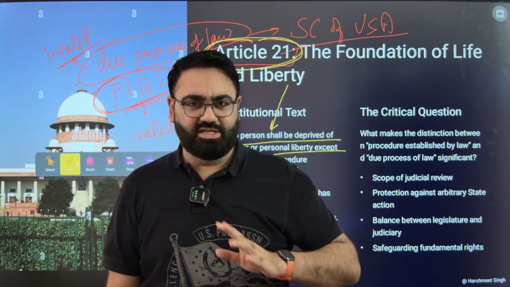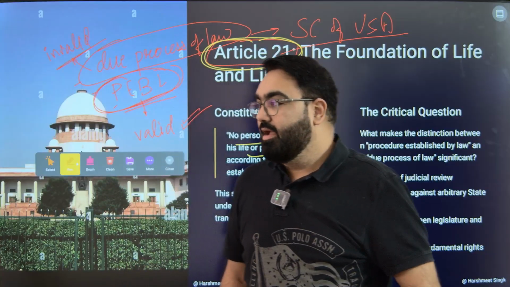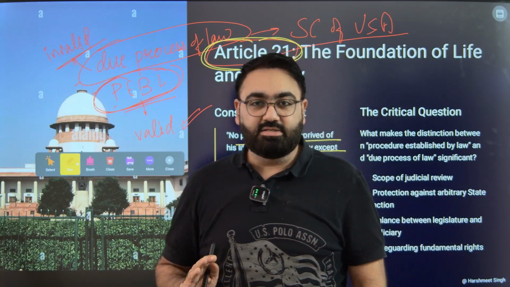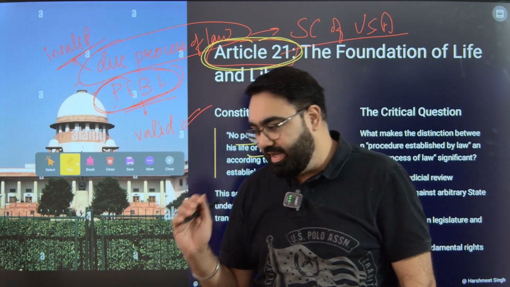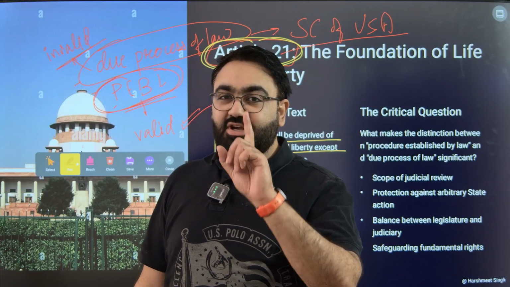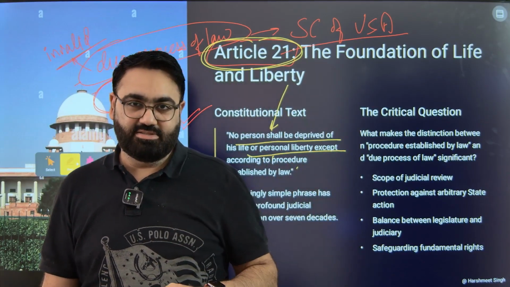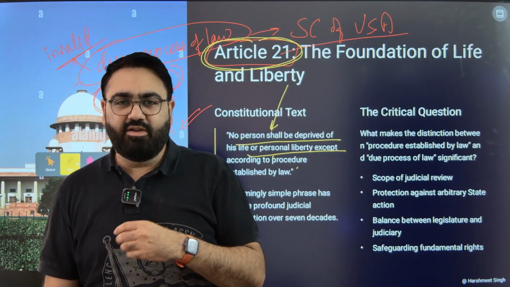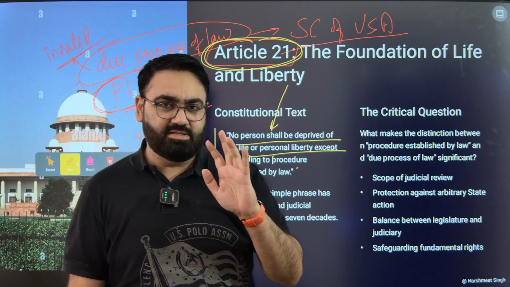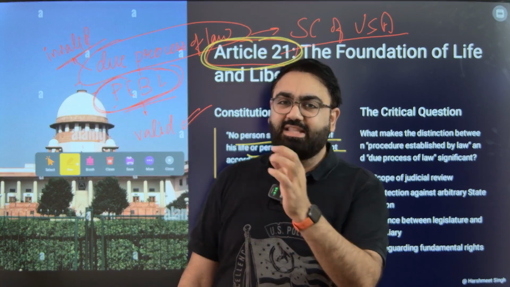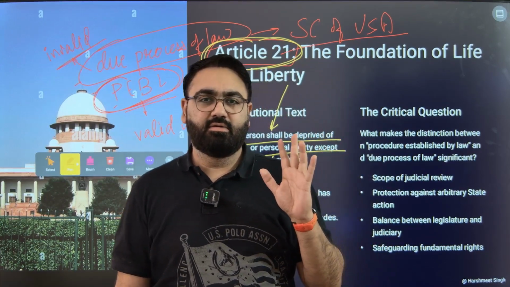Let me give you one more example to understand this better. As per Article 21's text, if the Parliament tomorrow makes a law that says that if you jump the red light, you will be given the death sentence. Imagine this. Article 21 says that death sentence will be valid. Why?